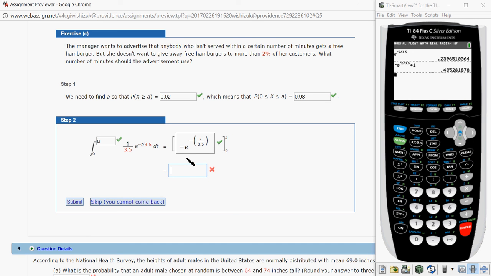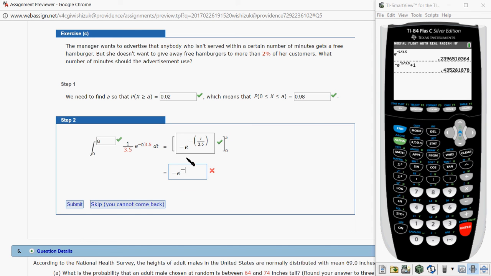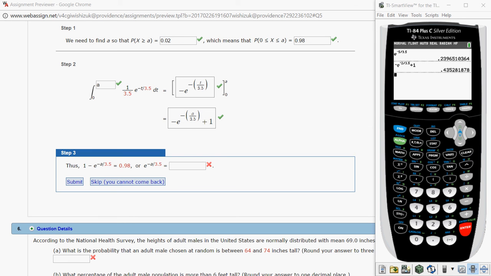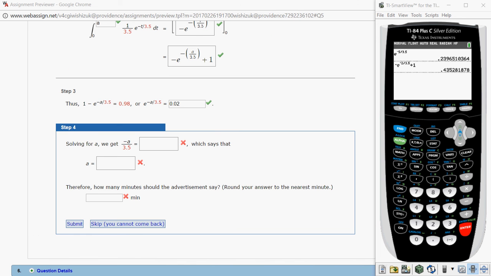You just plug in a, so it's negative e to the negative a over 3.5, plus 1. I think this is what they want. Submit. We got that. So we set that equal to 0.98, which means e to the negative a over 3.5 is 0.02.